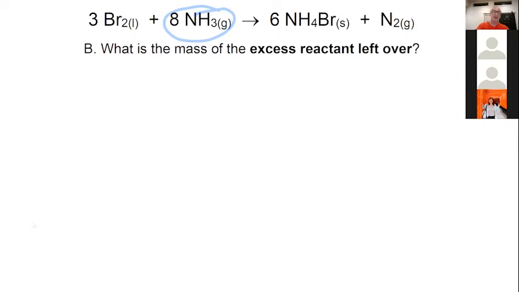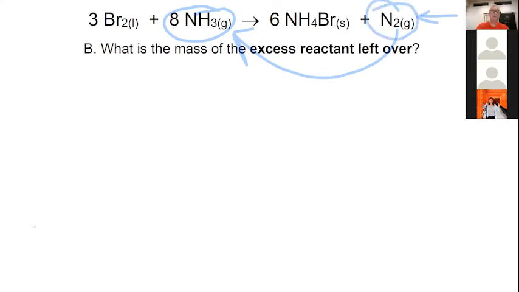We go back to the last part of the question and we see how much product got made. That will tell me how much reactant was used. And so I just subtract the amount used from the starting amount, and that tells me how much was left over.